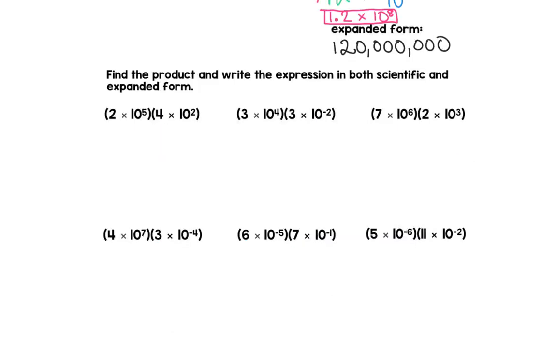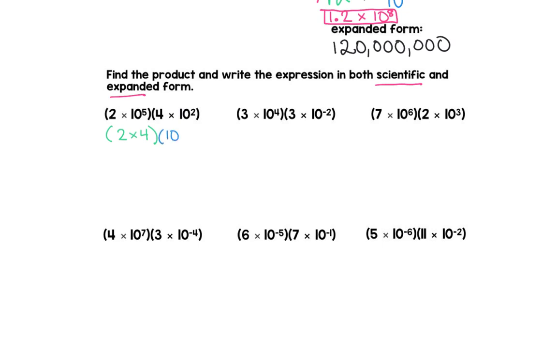Let's try some practice here. Let's write each expression in both scientific and expanded form. We're going to start with 2 times 10 to the 5th times 4 times 10 to the 2nd. We are going to multiply the leading factors together.